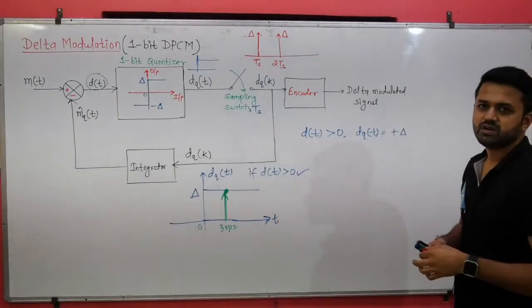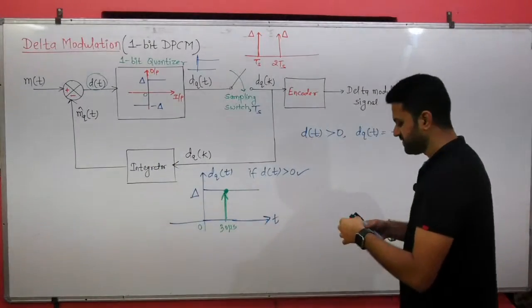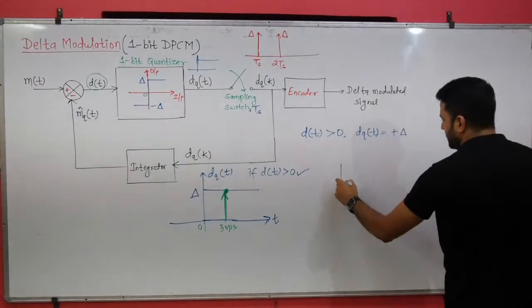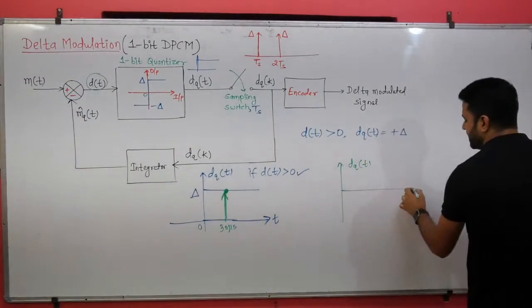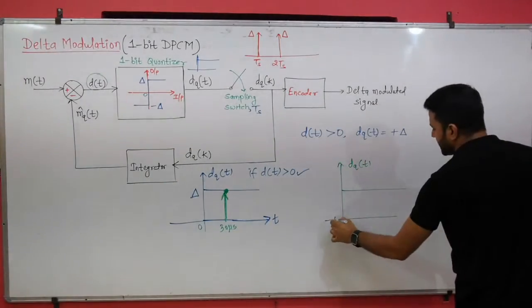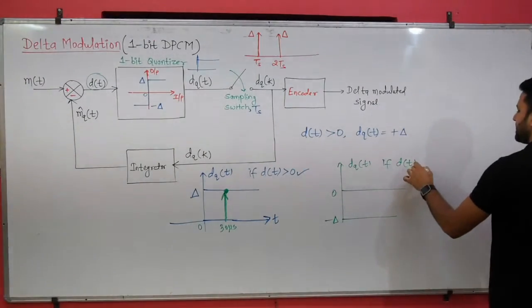Now suppose the difference becomes negative. What will happen? dq(t) will be minus delta if d(t) is less than 0.